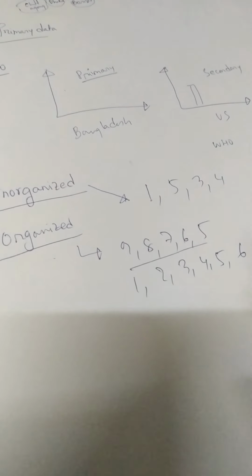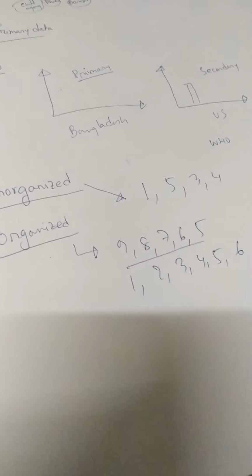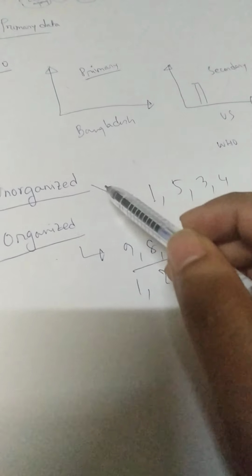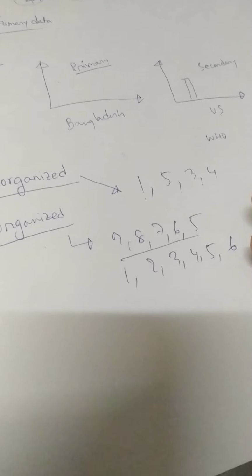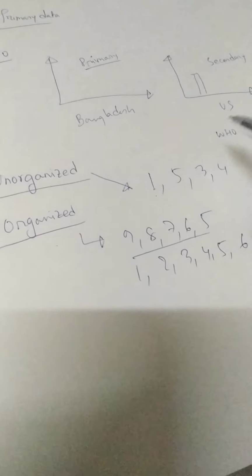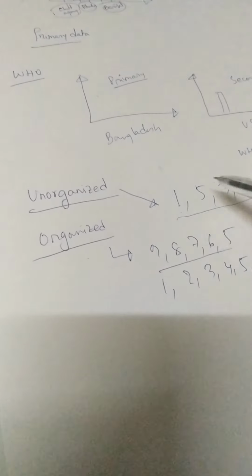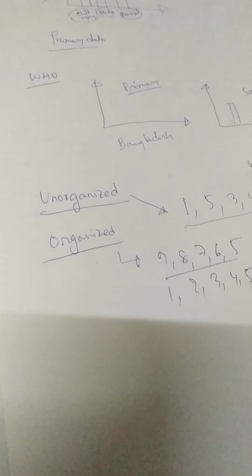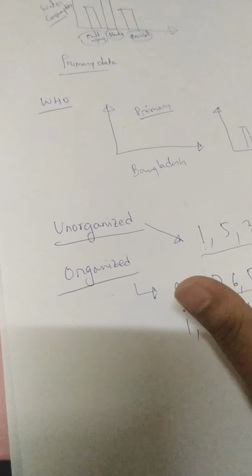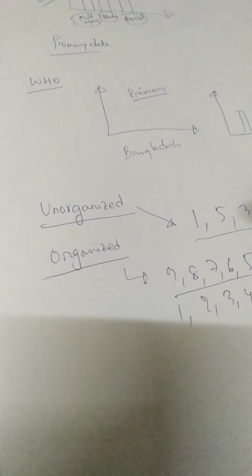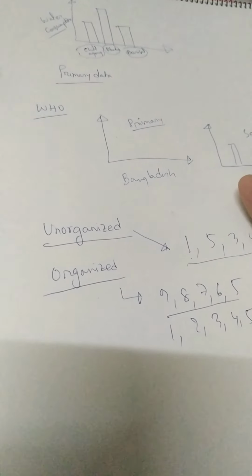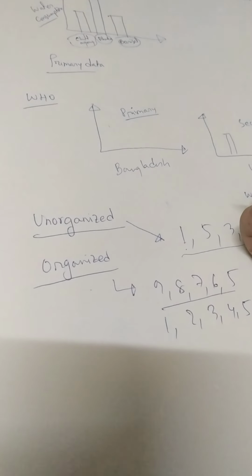There is no up or down, and nothing in between. Those types of data are called organized data. And if the data is neither in ascending nor in descending order, that type of data is called unorganized data. Okay, so this is the part we need to understand properly. We need to learn these things as definitions.